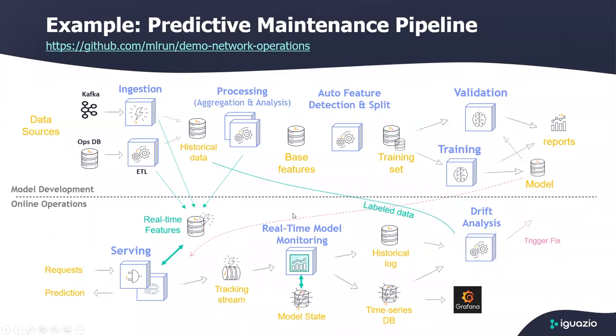And that means that we need to go back into the upper pipeline and run it again. And we have to do retraining.